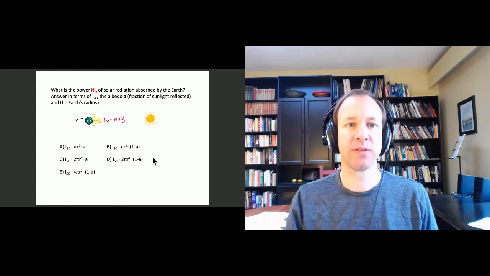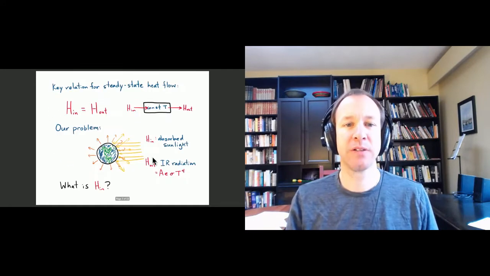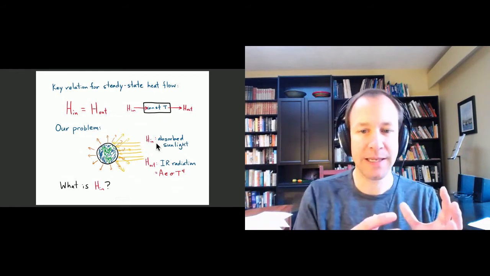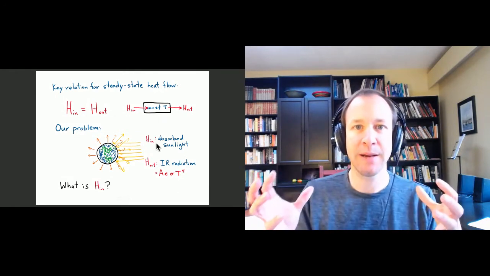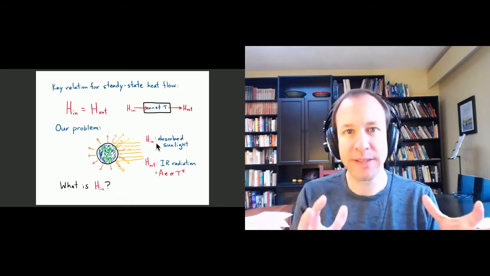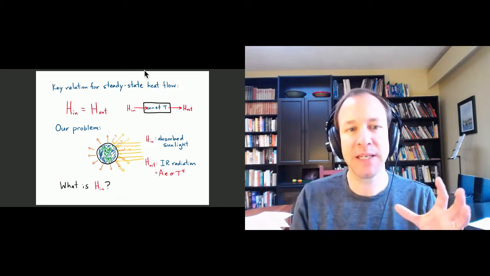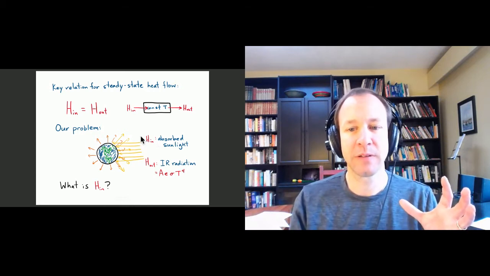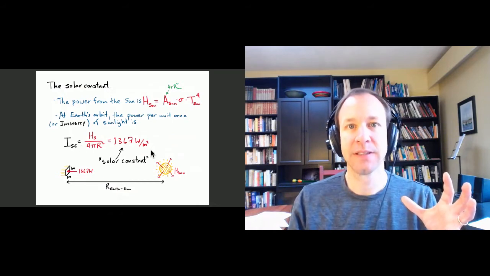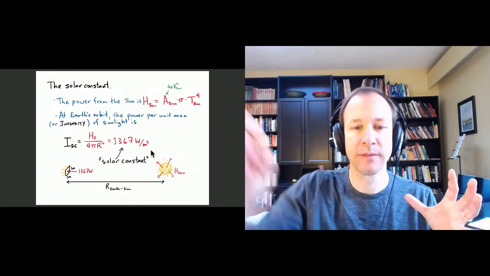Great. Okay. So going back to our original problem, our goal was to calculate the H in, which is the amount of energy per second being absorbed by the Earth from the sunlight. That was the missing piece that will allow us to complete our problem. So far, what we have is the intensity of sunlight at the location of the Earth.